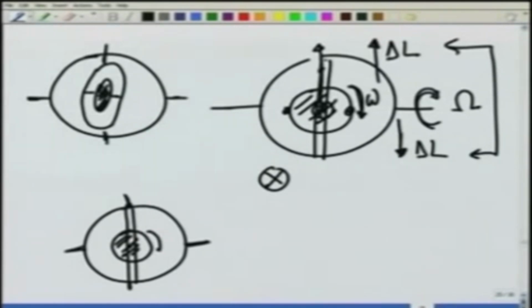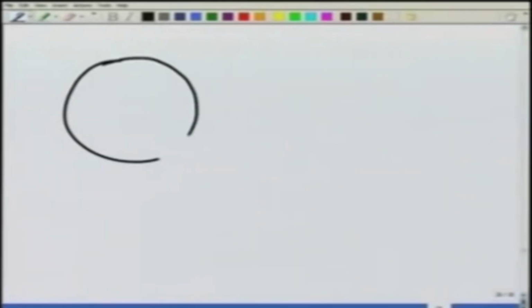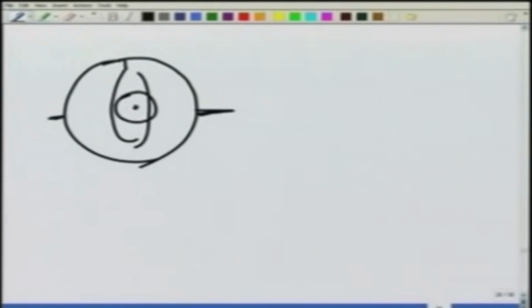Let us try to make it quantitative. To make it quantitative, let me make this outer frame. Let me make the inner frame and let this inner wheel be such that its axis is making an angle theta with this direction, making an angle theta coming out of the plane of the screen.